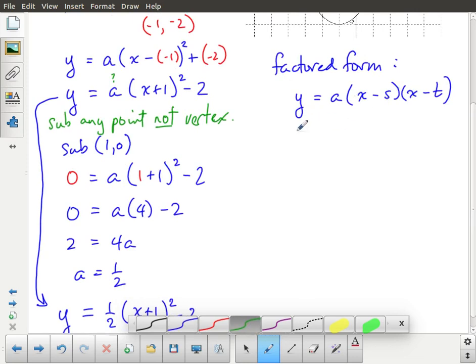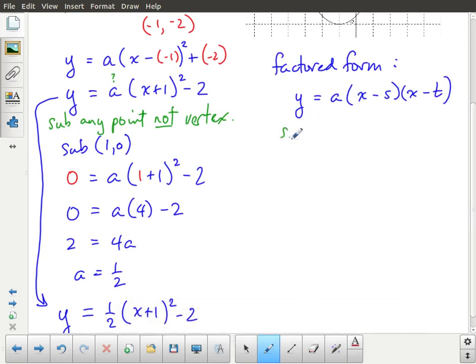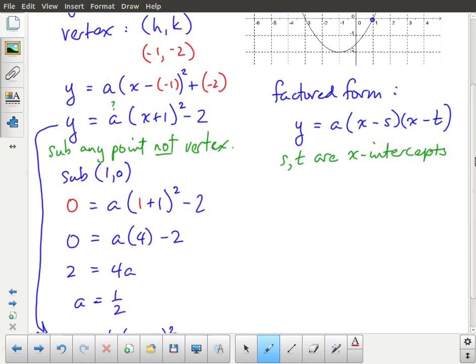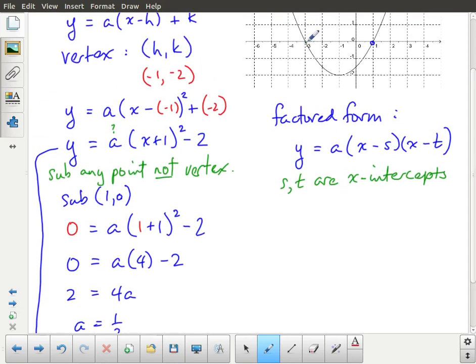In factored form, my s and t values are the x-intercepts. So looking at our graph, we have an x-intercept at -3, and we have an x-intercept at 1. So s and t are the x-intercepts.